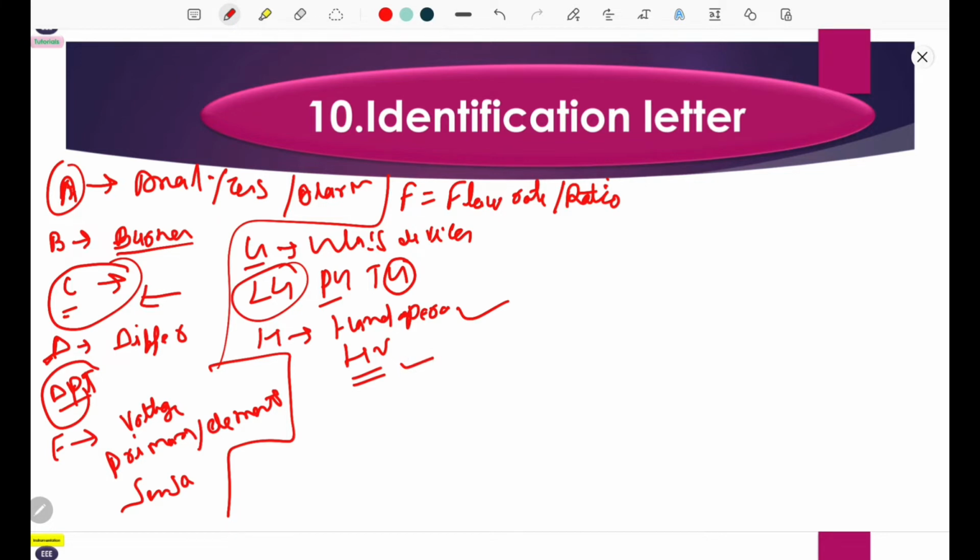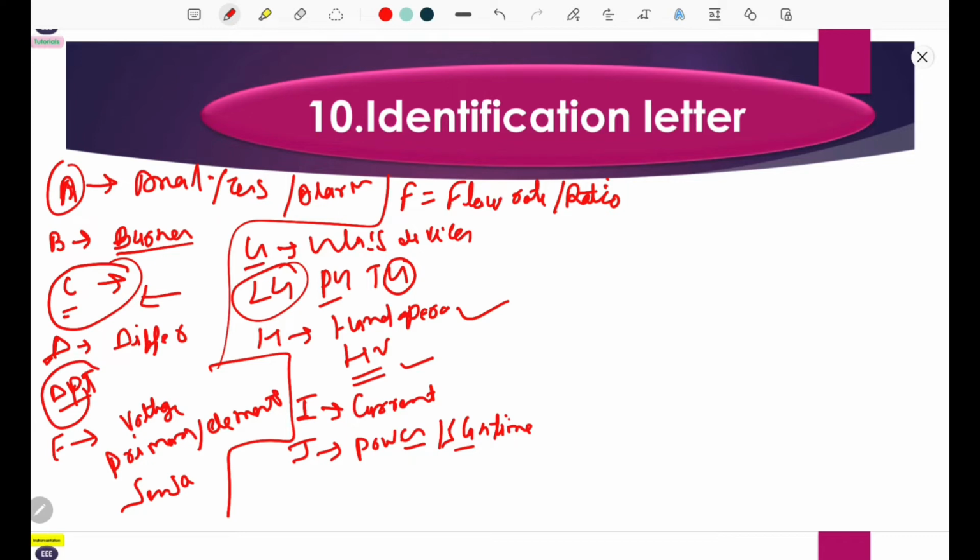I. I is universal and it is generally used for showing the current value, so indicate for current. Now J. J is used for showing the power, and somewhere in a PLC and DCS, scan time is also denoted by J.